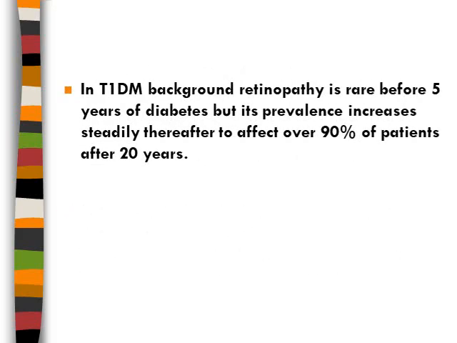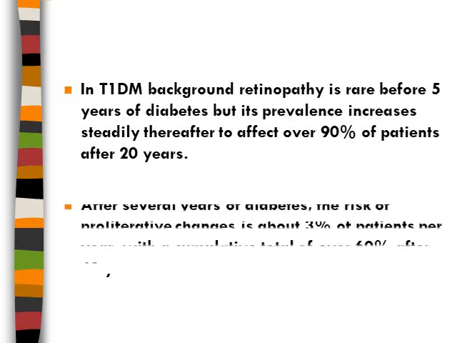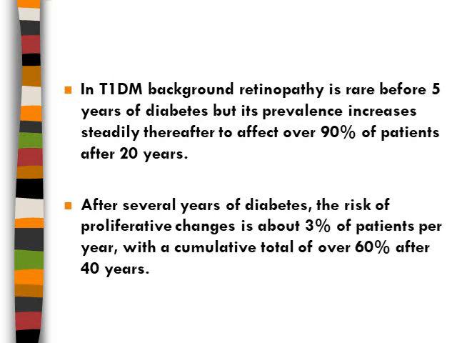In type 1 diabetic patients, background retinopathy is rare before 5 years of diabetes, but its prevalence increases steadily thereafter to affect over 90% of the patients after 20 years of the diagnosis of diabetes mellitus. After several years of diabetes, the risk of proliferative changes is about 3% of patients per year, with a cumulative total of over 60% after 40 years.